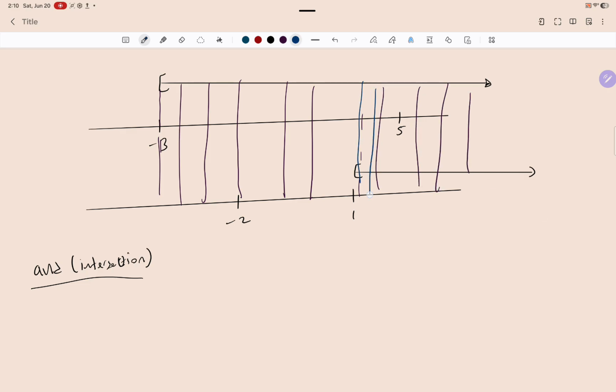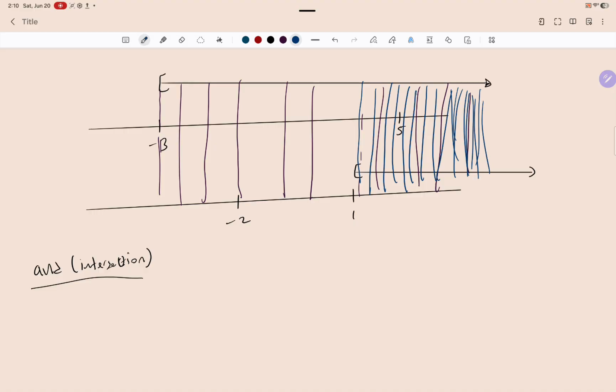And notice where both of the colors overlap, the region of overlap, and that's going to be the and. So in this case, it exists. They overlap from 1 to infinity because it keeps going, right? So in other words, the intersection is 1 to infinity.